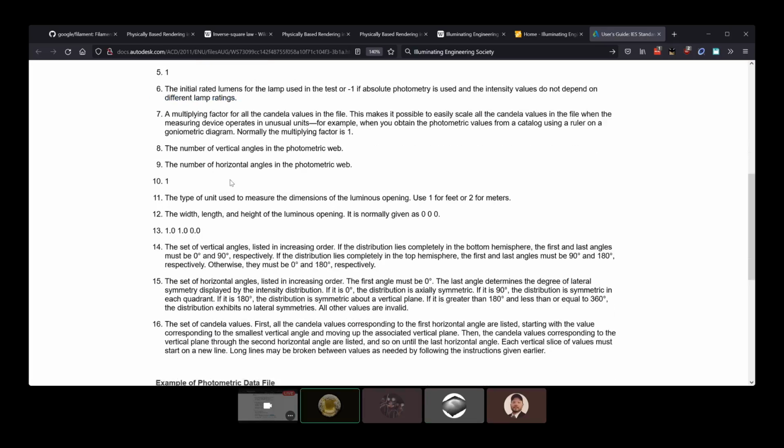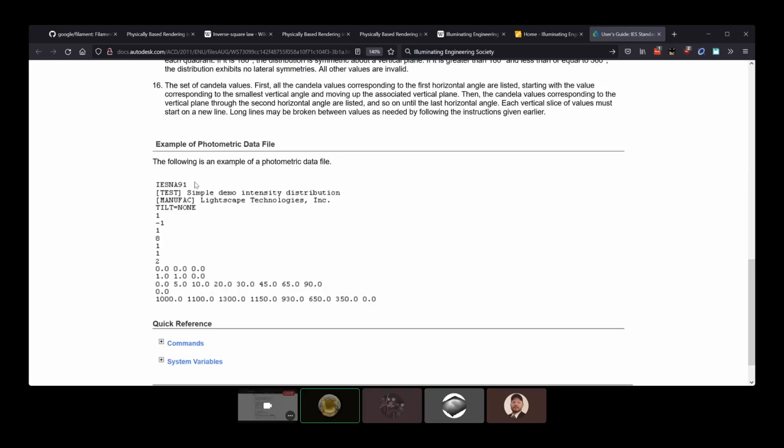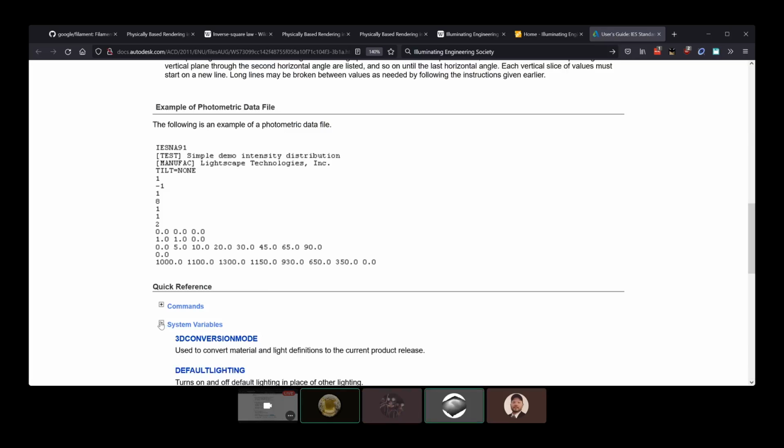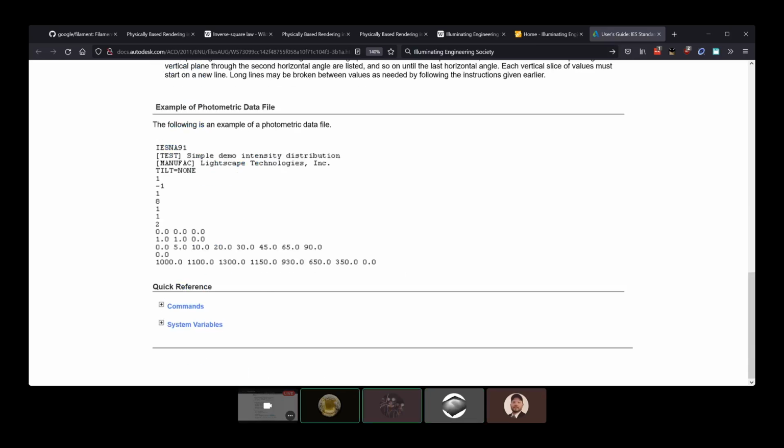You've got some header, some info, what look like colors, and then those are angles. Yeah, because there's the RGB triples there, and then these are angles, and these are intensities. The intensities are associated with the angles. And if you look at a picture of a photometric light, it's kind of obvious how they map.